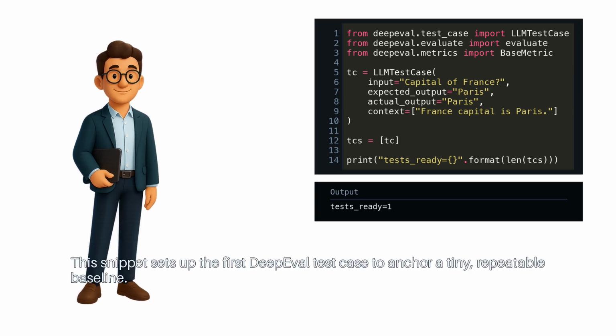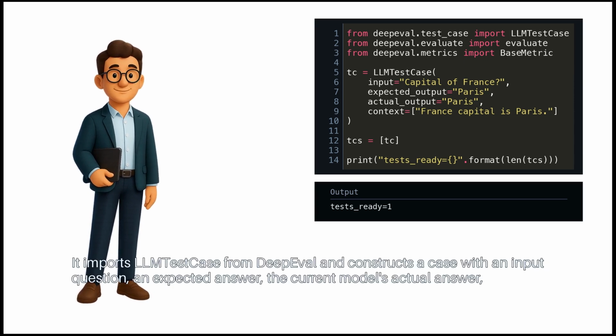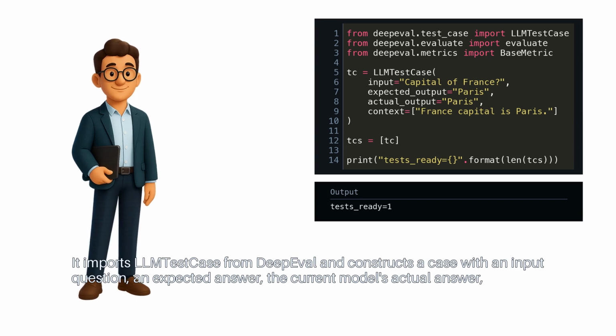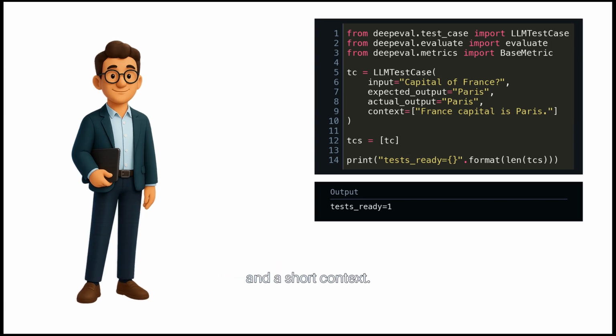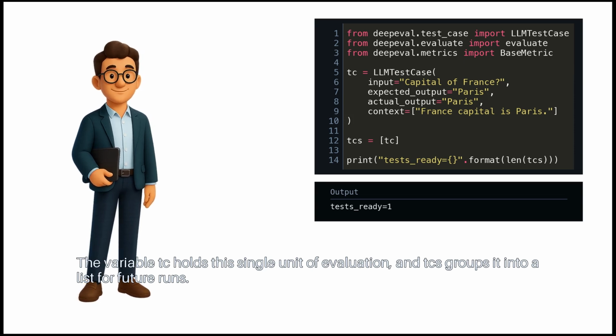This snippet sets up the first DeepEval test case to anchor a tiny, repeatable baseline. It imports LLMTestCase from DeepEval and constructs a case with an input question, an expected answer, the current model's actual answer, and a short context. The variable TC holds this single unit of evaluation, and TCS groups it into a list for future runs.